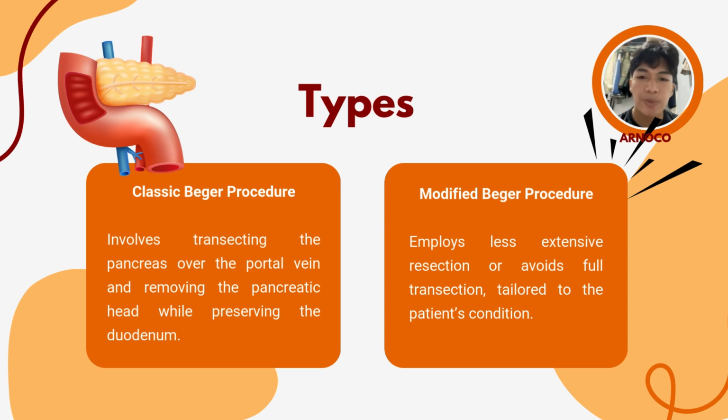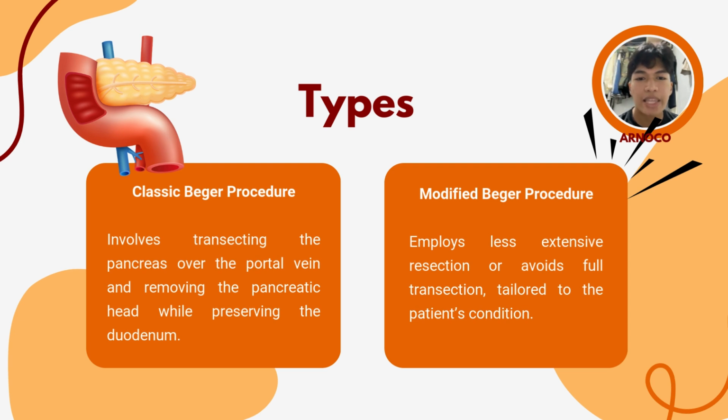After the head is removed, reconstruction is performed by connecting the remaining part of the pancreas to the jejunum, a process called pancreaticojejunostomy. This procedure is effective for relieving chronic pain and decompressing the bile and pancreatic ducts. However, it requires precise surgical technique due to the proximity of the major blood vessels like the portal vein.